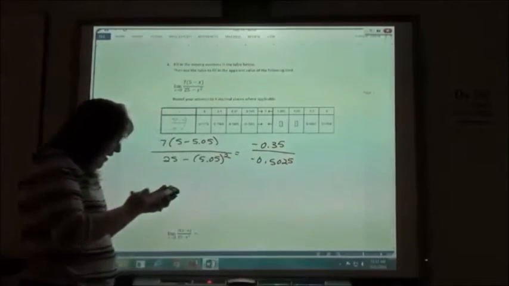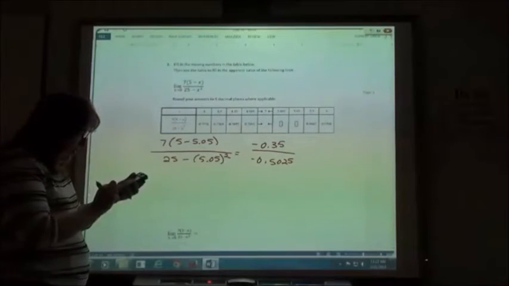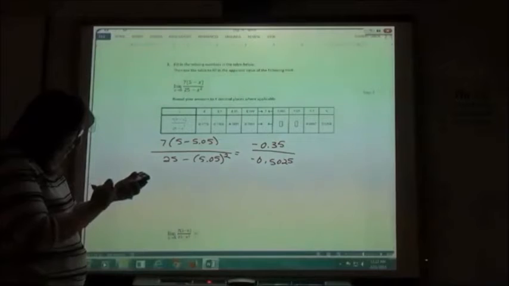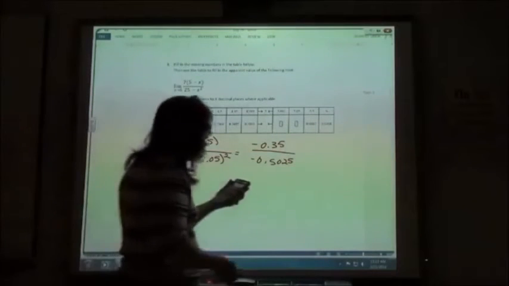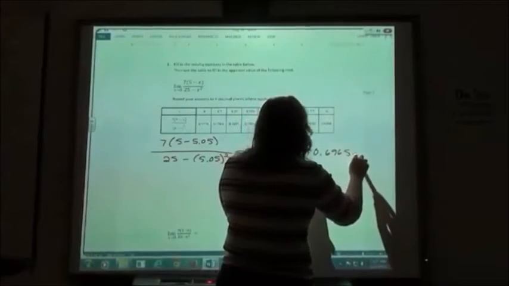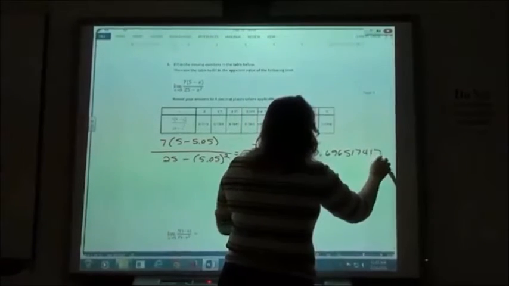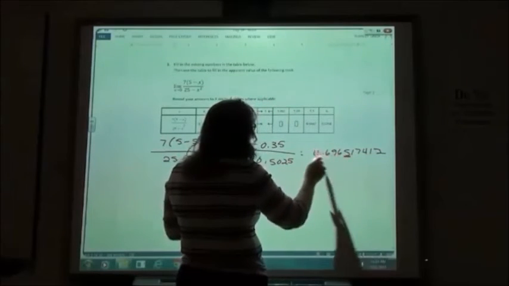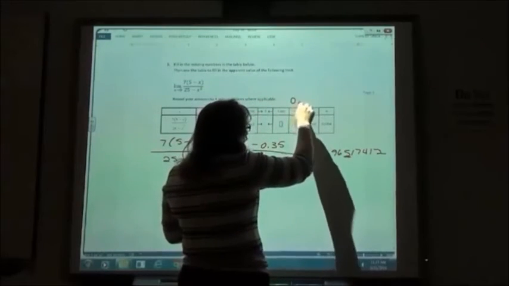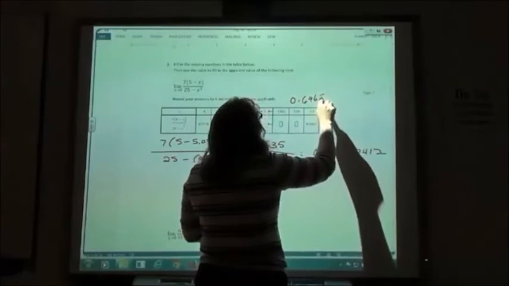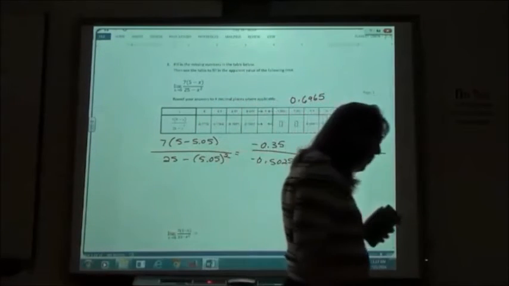And so I'm going to divide negative 0.35 divided by negative 0.5025 gives me 0.696517412. So to 4 decimal places, there's a 1 behind there, I'm going to have 0.6965 when I evaluate at 5.05.